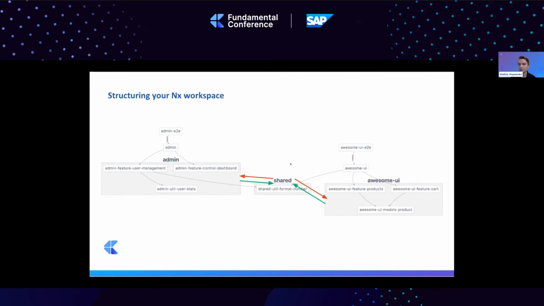The way Awesome UI and admin can use code that we placed in shared, like this util format number, but we would not want stuff placed in shared to be able to grab stuff from admin or Awesome UI applications, because it's more context, right, than we need.